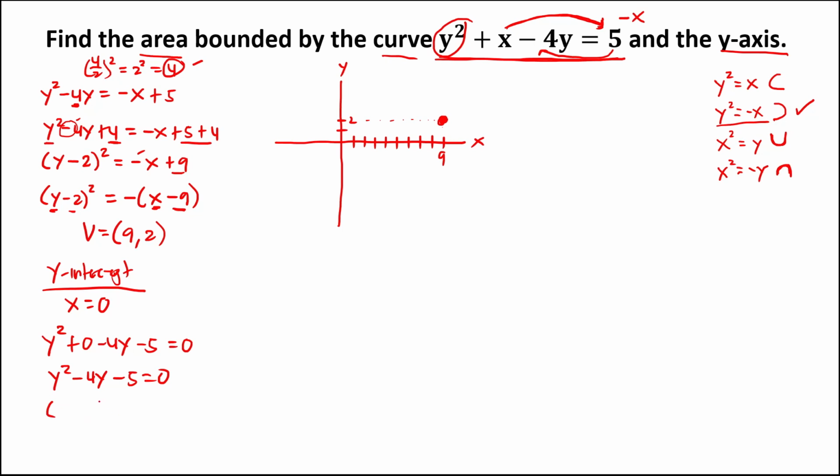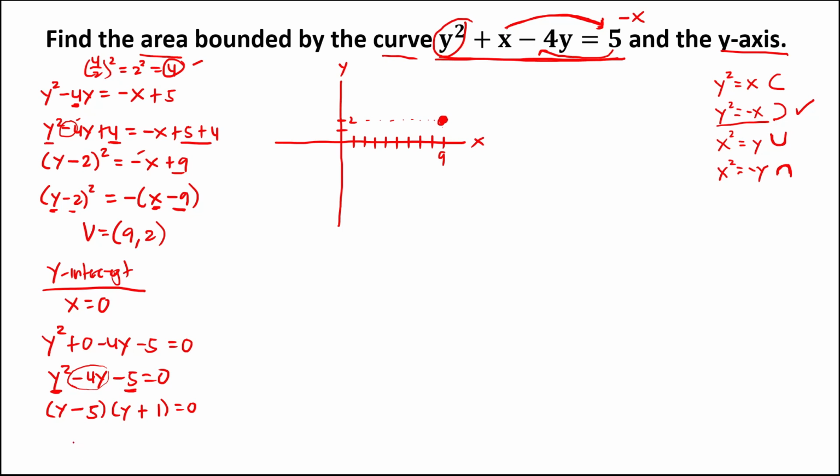Then apply now the quadratic factoring. For y squared, this is y times y. And for negative 5, this is 5 times 1. Since the middle term is negative 4, therefore the bigger number must be negative, and this one is positive.